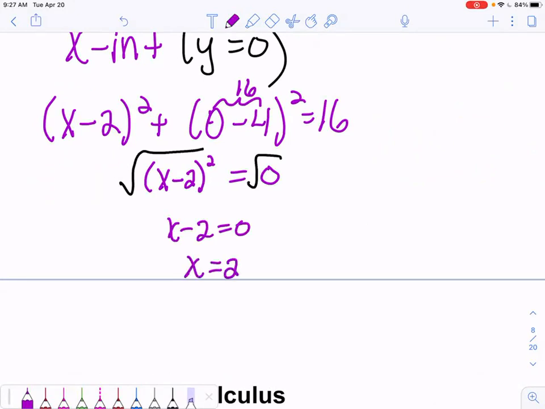So that means it's only touching the x-axis at one point, just the ordered pair (2, 0). Remember, an intercept is an ordered pair. It's a point where the graph crosses or touches the x-axis. In this case, the bottom of the circle is going to touch the x-axis at that point, at (2, 0). It's not going to cross through it. Instead, it's just going to touch at that single point.